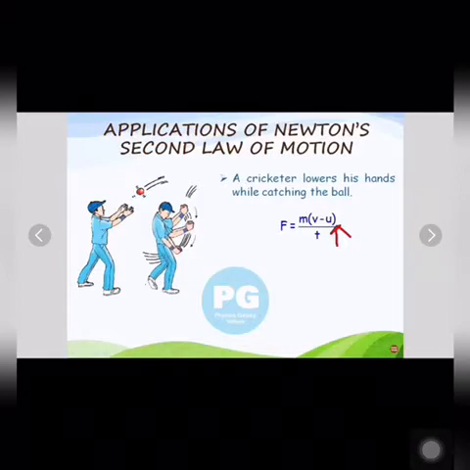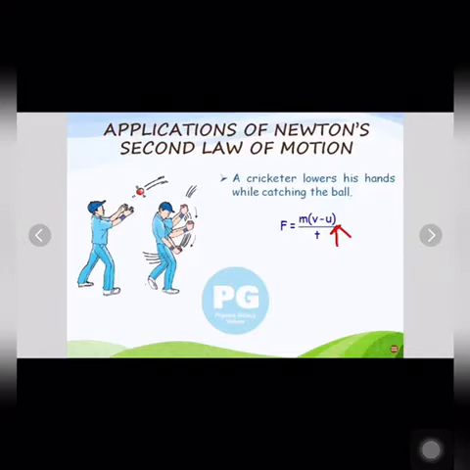Thus, the acceleration of the ball is decreased and therefore the impact of catching the fast ball is reduced. That is, the player has to apply a smaller force against the ball in order to stop it.